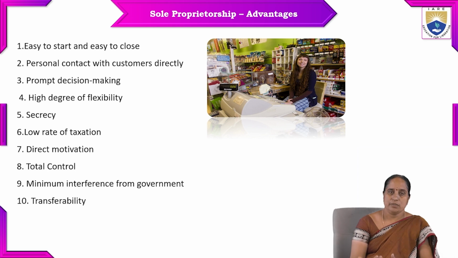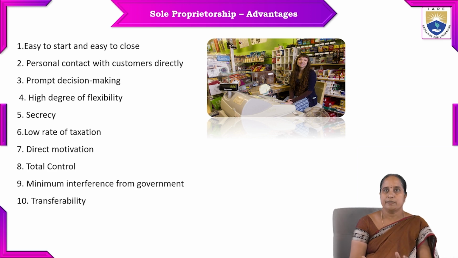And total control lies with one single person, and there is minimum interference from the government. There is no interference of government in sole proprietorship unless there is an emergency. Otherwise, there is no government interference.